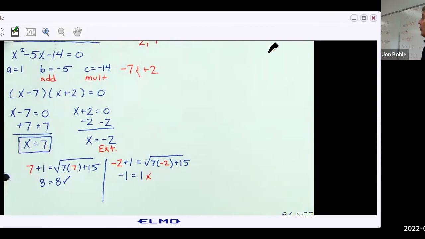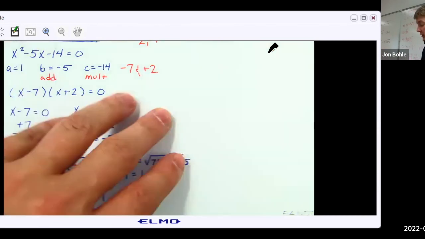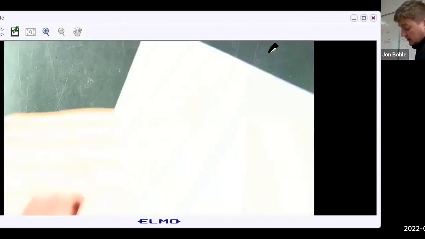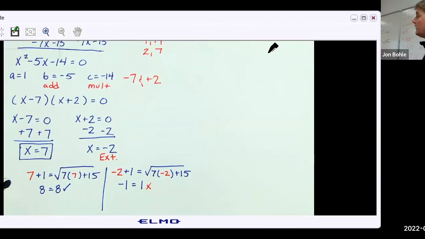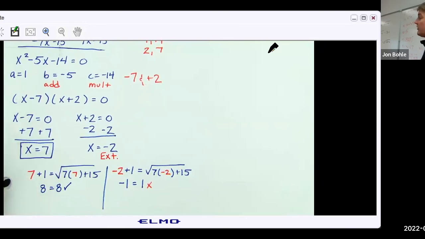You're going to have 4 points for getting me my answers, and then you're going to have 1 additional point assessing learning target 6.7, telling me which answer is a solution or is extraneous or not. Then you get your point. But do you know how to get that is the big thing. And down here is how you're getting an extraneous answer, or by looking at the graph.